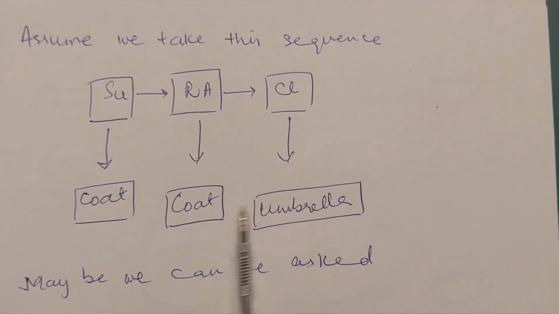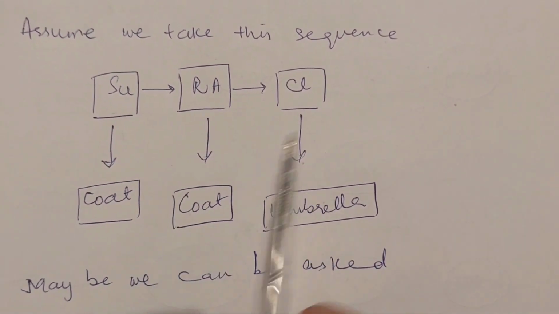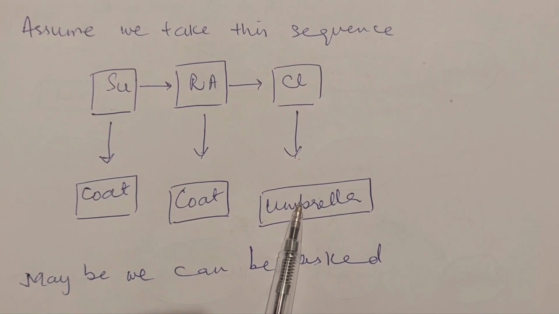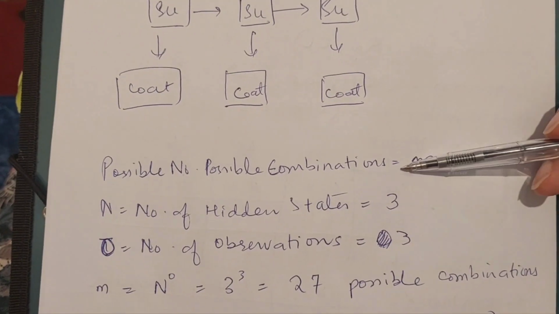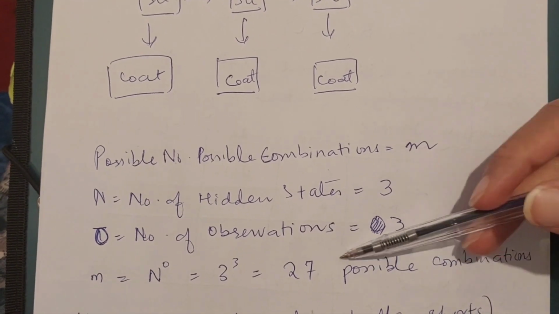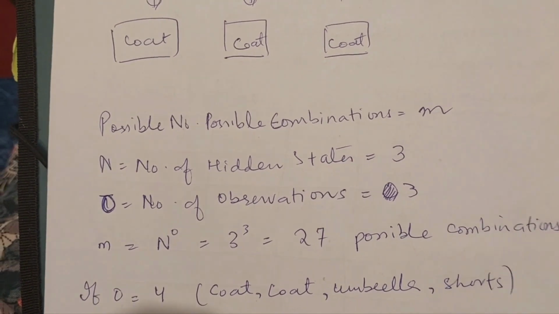So there can be so many sequences or combinations of days and of the clothing choices that he is going to make. So in this case, where we have 3 hidden states and 3 observations, there can be 27 possible combinations. First thing that we need to understand is this.